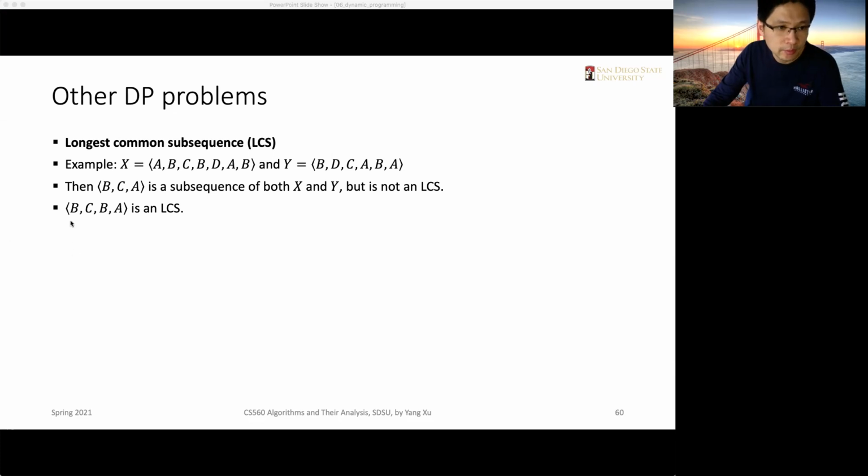Like BCBA, right? As long as the order information is preserved, then we can call it a subsequence. So in this case, BCBA is longer, right?